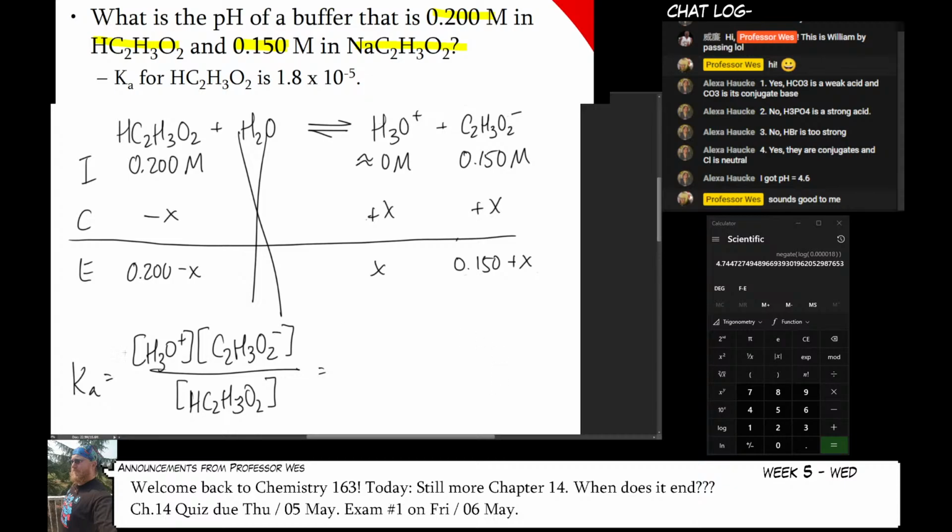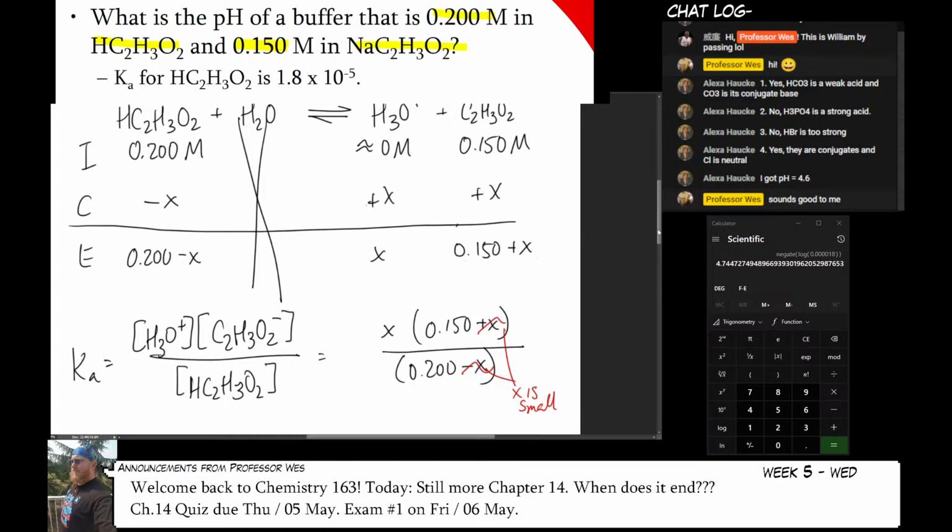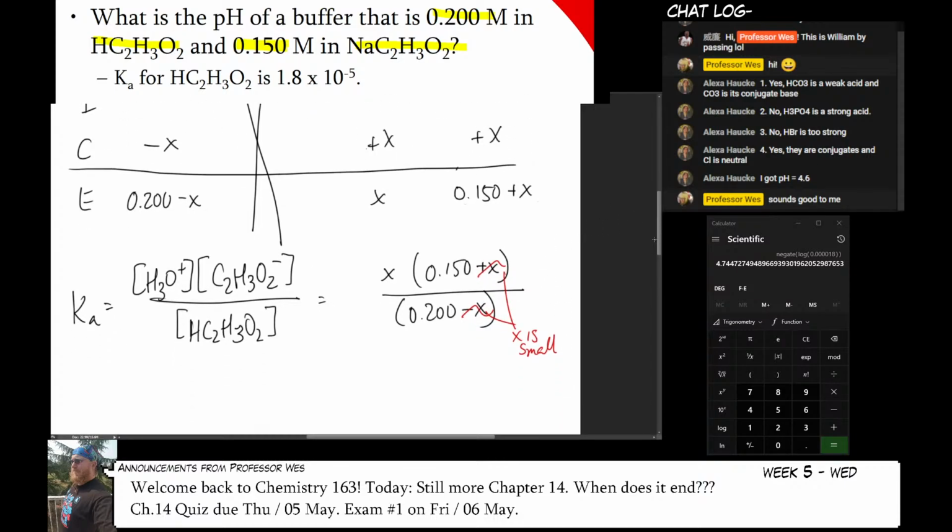And then when I go down here, I get H3O, so that's X. I get acetate. Divide by acetic acid. And then we could say, well, X is small, so subtracting it from a much larger number isn't going to change these numbers. And so now we get Ka equals X times 0.150 over 0.2.